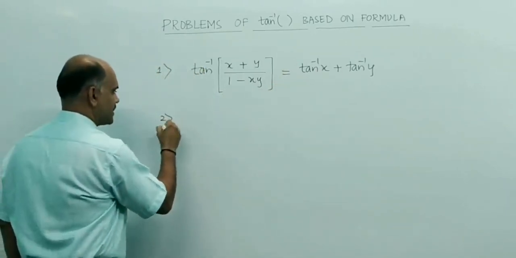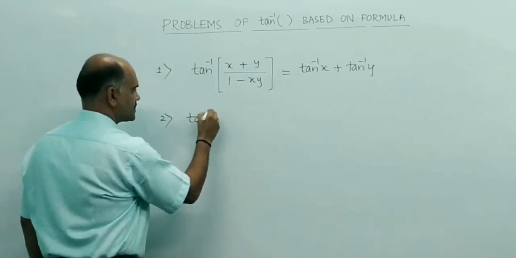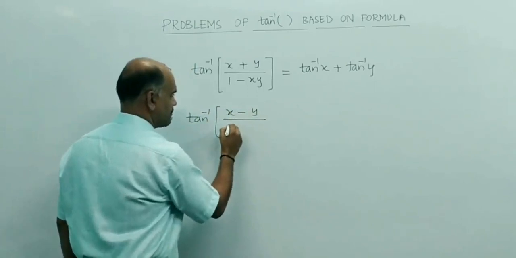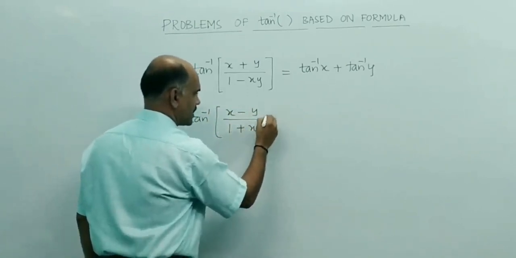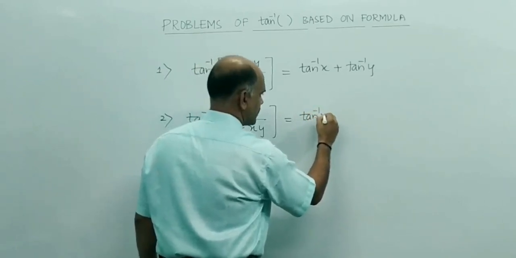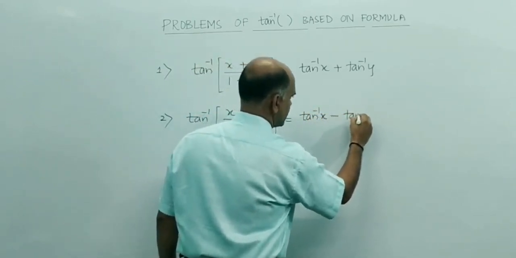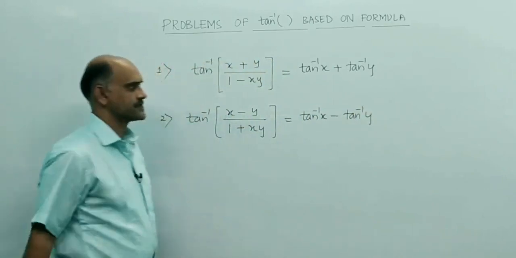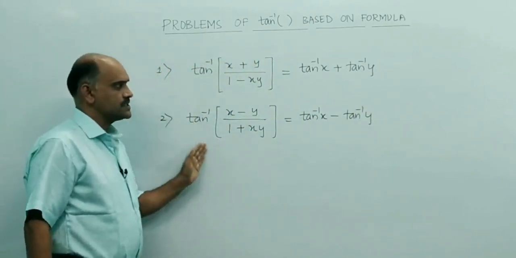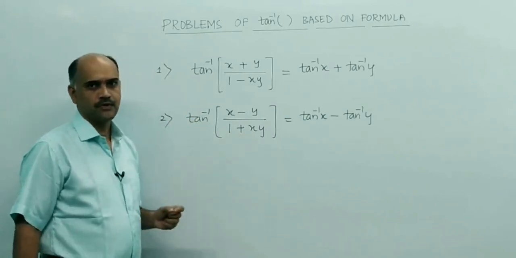Similarly, the second: tan inverse of (x minus y) divided by (1 plus xy) is written as tan inverse x minus tan inverse y. On these formulas, we will see problems.